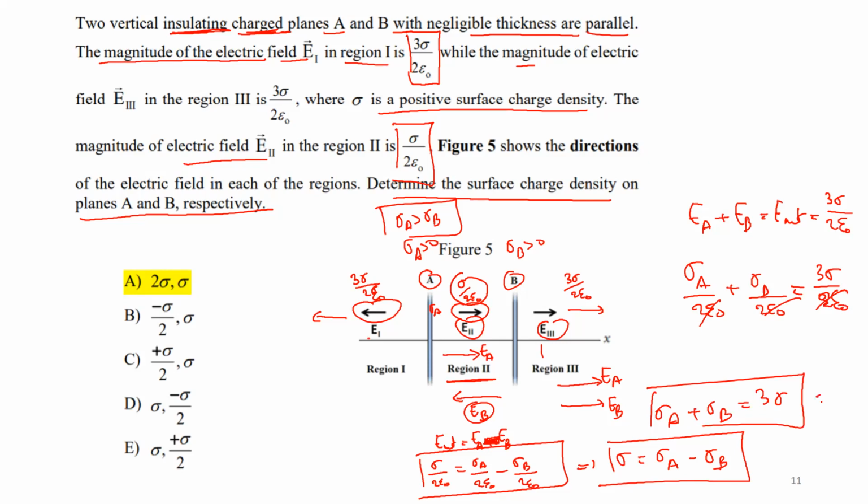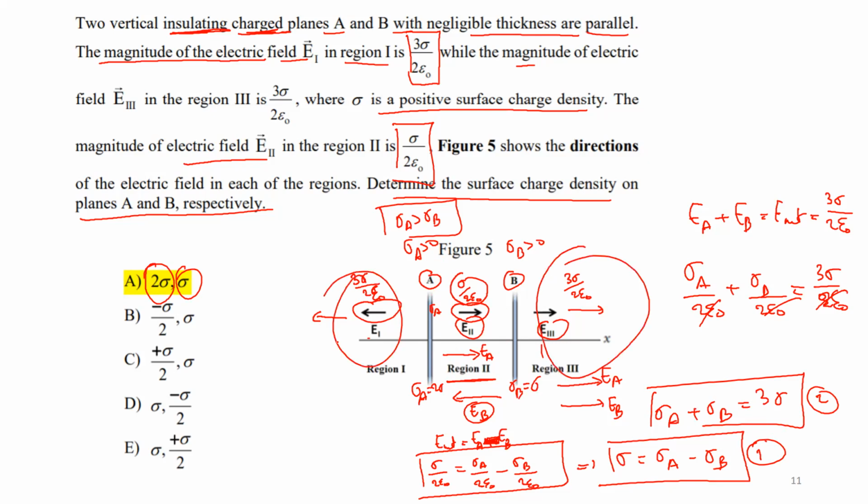I solve this system of 2 equations and I get that sigma A is 2 sigma and sigma B is sigma. And this makes sense, okay? If sigma A is 2 sigma and sigma B is sigma, the net electric field in the middle will be smaller and pointing in the positive direction, and the net electric field outside will be larger. Good.